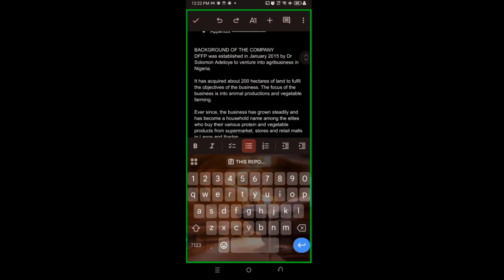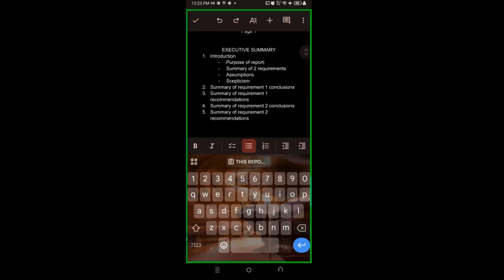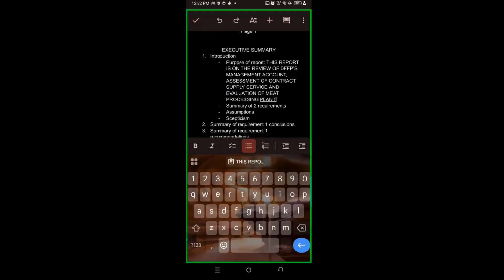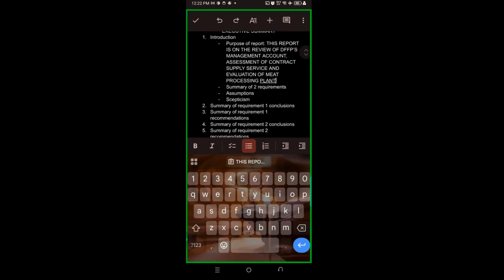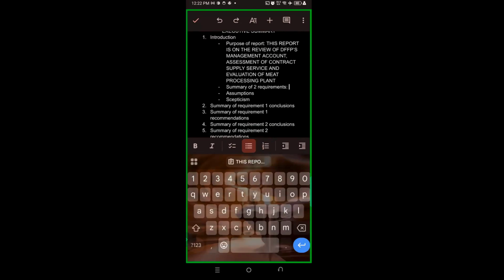Page 3. Okay, so the purpose of this report is on the review of, yes. Then the summary of the 2 requirements.